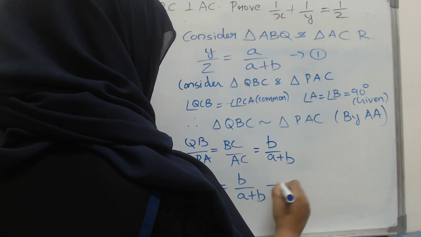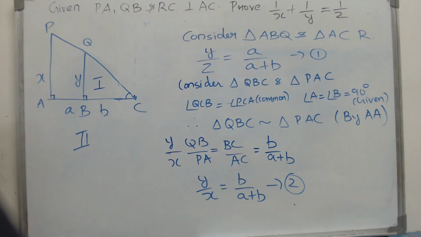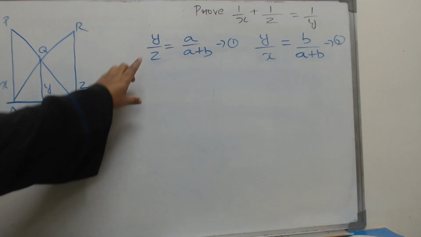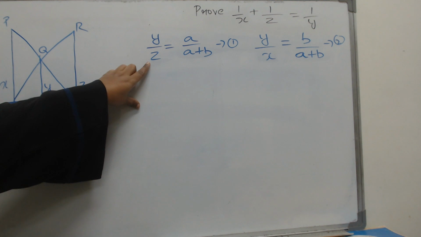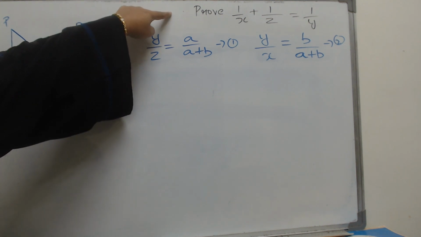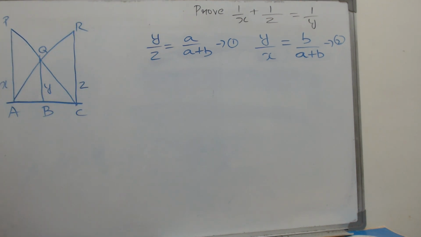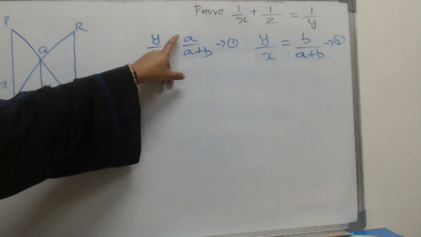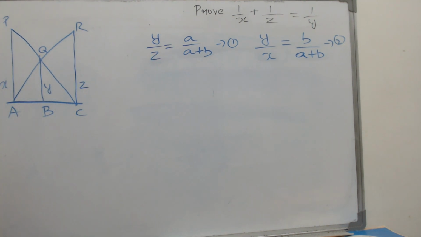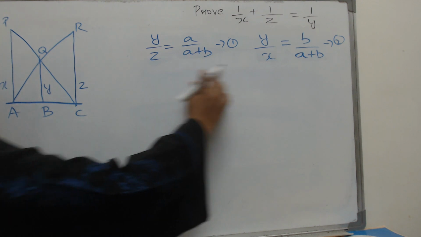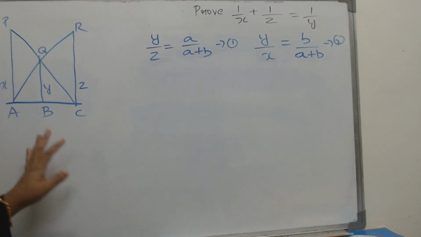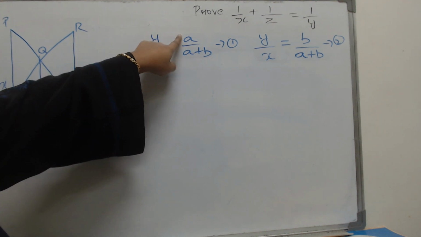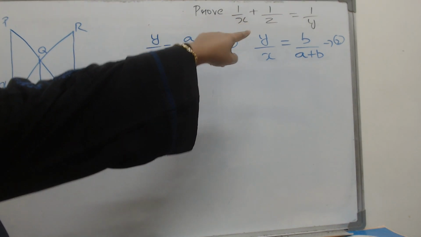Now let us combine both 1 and 2 and see what we get. Now these are the two equations that we have got. From these two equations, how do we get the result? We have to get rid of A and B. How do we do that? In both the RHS, you will notice that the denominators are the same. It is A plus B. And on the numerator, we have an A here and a B here.